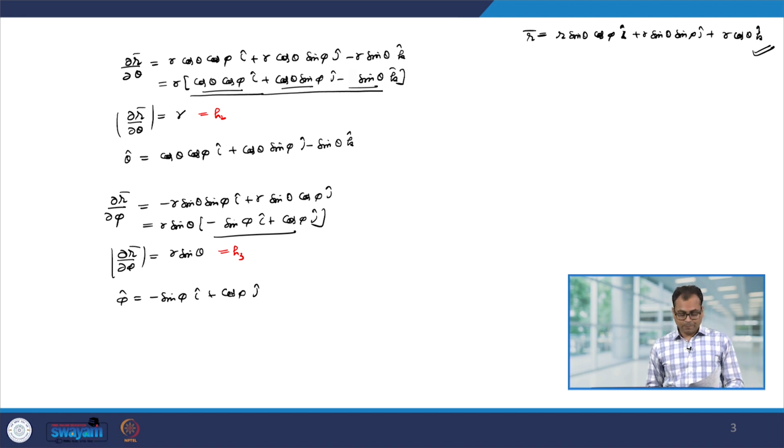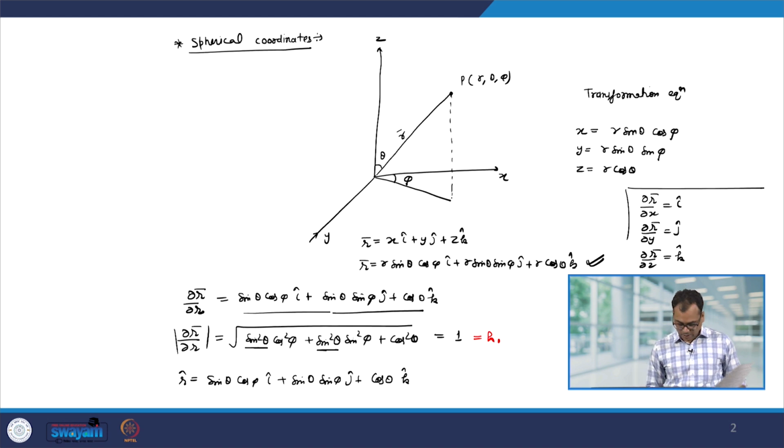Now, we can write down the infinitesimal displacement vector dr in terms of h1, h2, h3 and u1, u2, u3, because in spherical coordinate system these are our u1, u2 and u3.